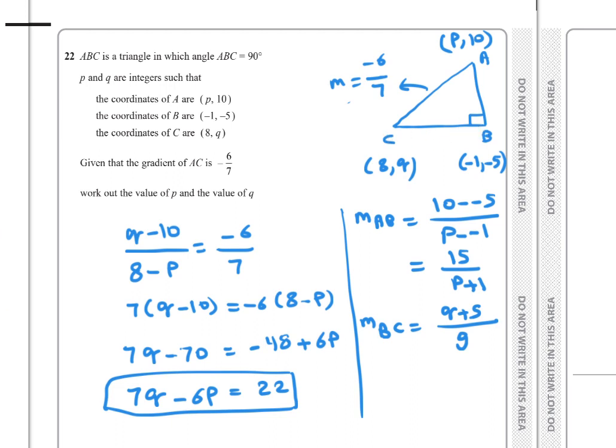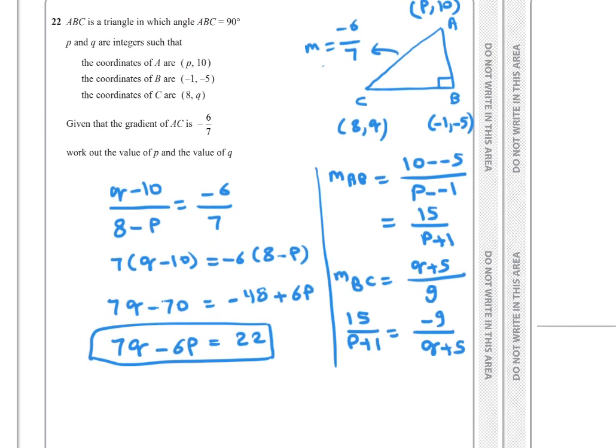So 15 over B plus 1 equals the negative reciprocal, so -9 over Q plus 5. Now cross multiply, so 15 times (Q plus 5) equals -9 times (B plus 1).